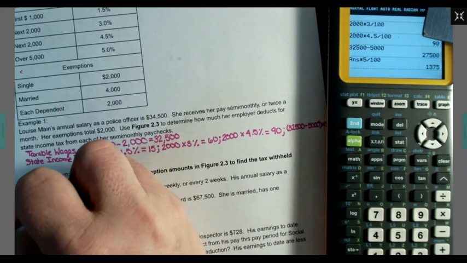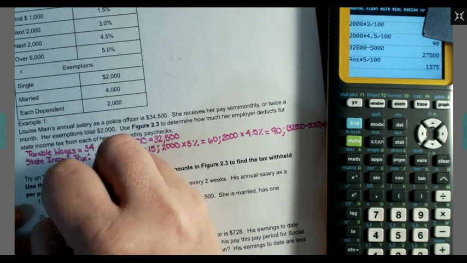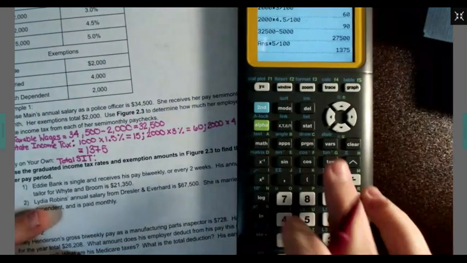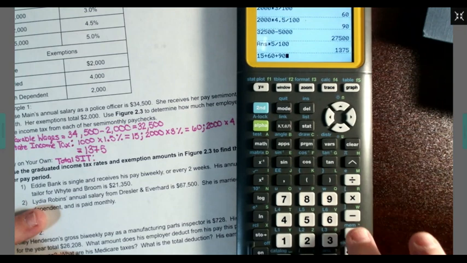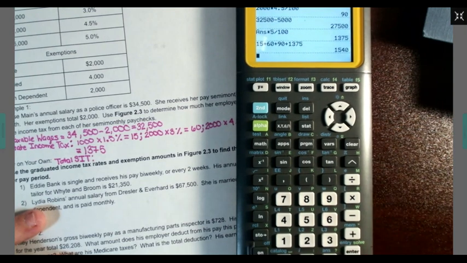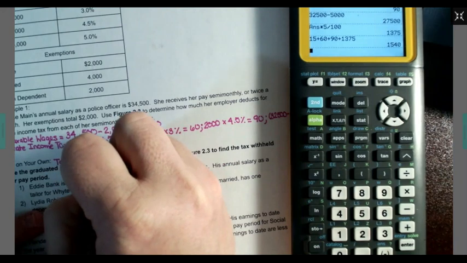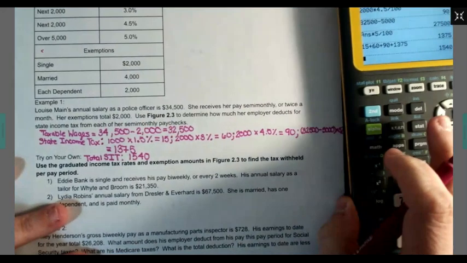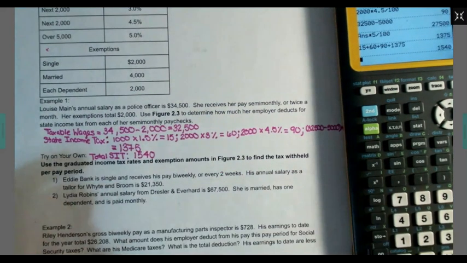So our total state income tax is going to be 15 plus 60 plus 90 plus 1,375, which is 1,540. However, this is annual. This is for the year, but she gets paid semi-monthly.